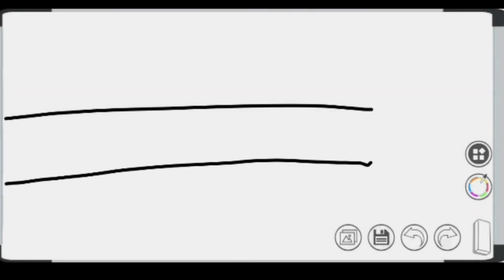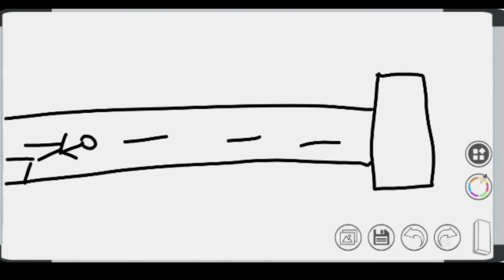Alright? For example, we can say that we made a road here, and then you want to go to your house. You are right here. Alright? And then this one here is your house.